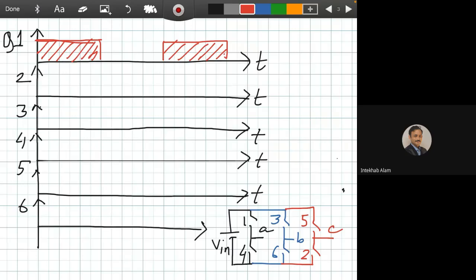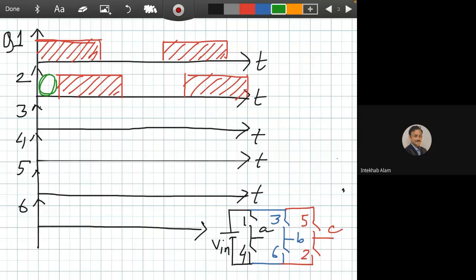It will help to define the mode size. So switch 2 will turn on just after 60 degree and will conduct for 180 degree. Here you can see that switch 2 will turn on after 60 degree. The green circle is actually the 60 degree.